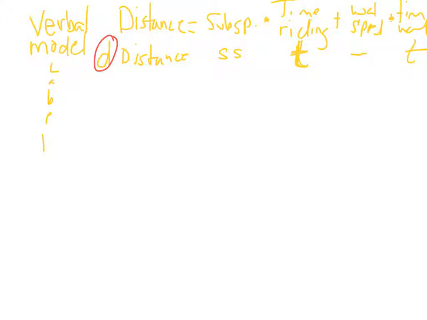So let's go fill in what we have here. Distance, D, is going to equal the rest of this. Subway speed was 0.5. The time riding, we don't know that, T, plus, oh wait a minute, hang on.